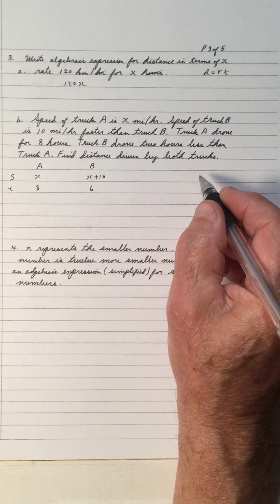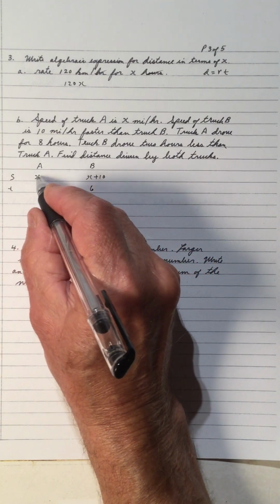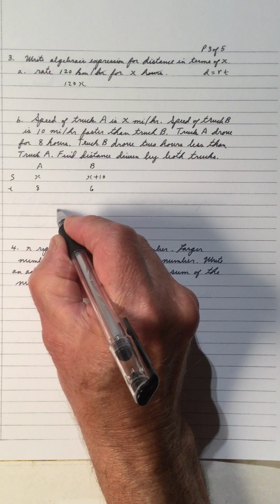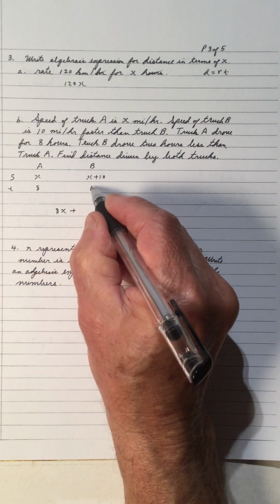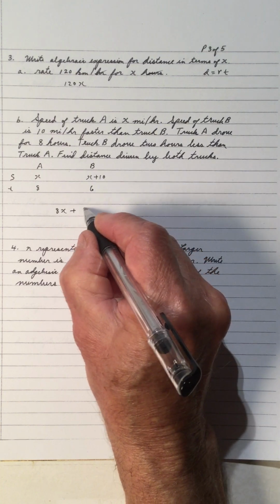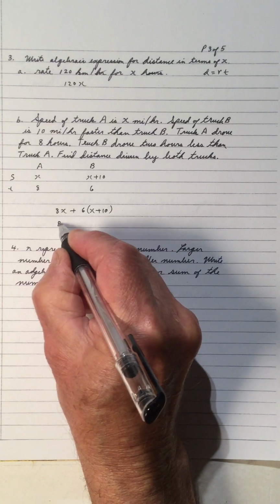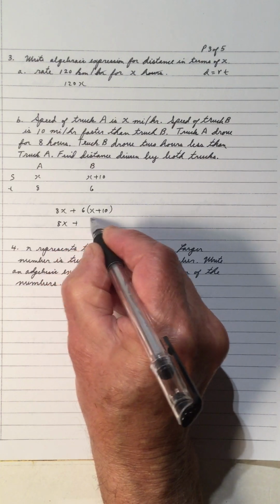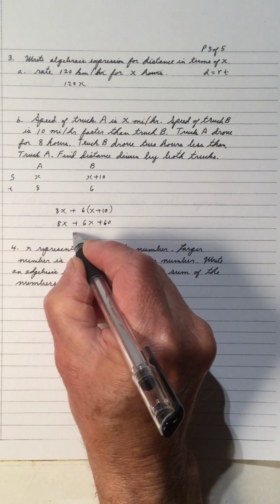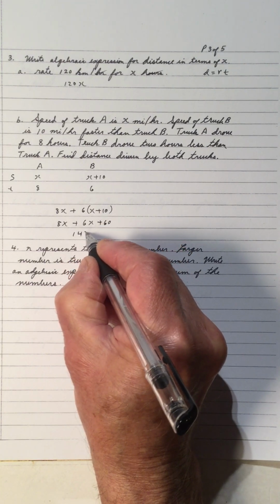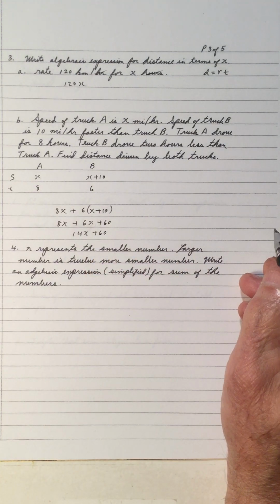So the distance traveled by both of them, truck A is rate times time, so that's 8x. Truck B is rate times time, is 6 times x plus 10. So that's 8x. Multiply 6 times x, 6 times 10. So that gives us 14x plus 60 if you simplify it.